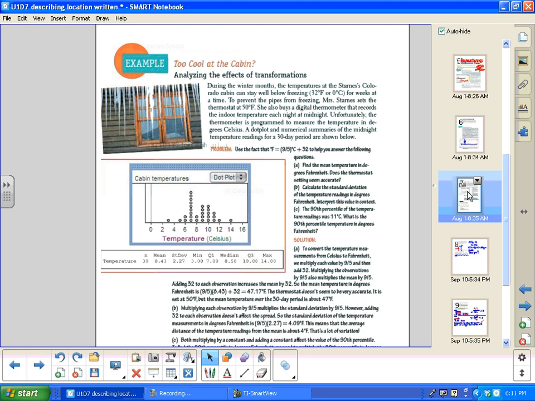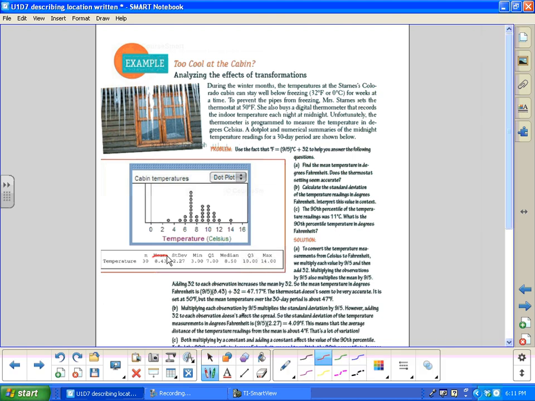Okay, so here is our data right here. We're given the mean. The mean is 8.43. The first question says find the mean temperature in degrees Fahrenheit. So you've got to think what happens whenever you are converting to degrees Fahrenheit. You're multiplying and you're also adding.